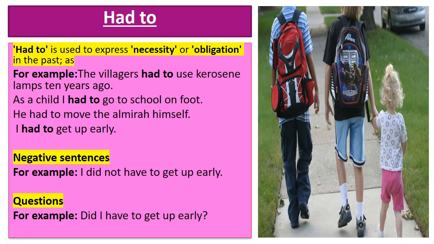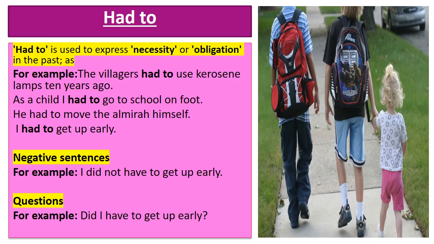Now students, had to. Had to is used to express necessity or obligation in the past. For example, the villagers had to use kerosene lamps 10 years ago. Past में जो काम करना पड़ता था. As a child, I had to go to school on foot.